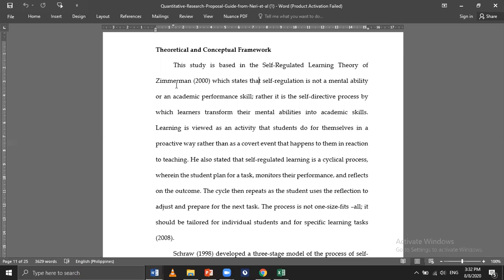Since this study is about self-regulated learning and mathematics performance, well, luckily there is what we call the self-regulated learning theory. So how lucky can you get if you have that kind of title or research topic and then you have that theory, of course.